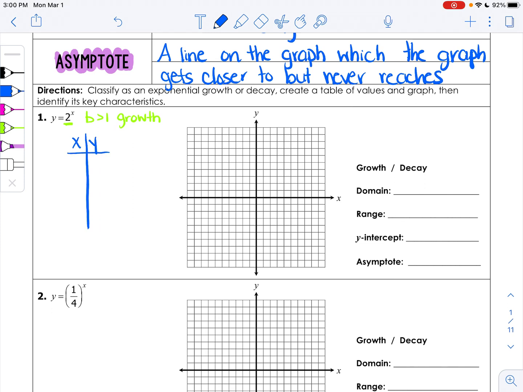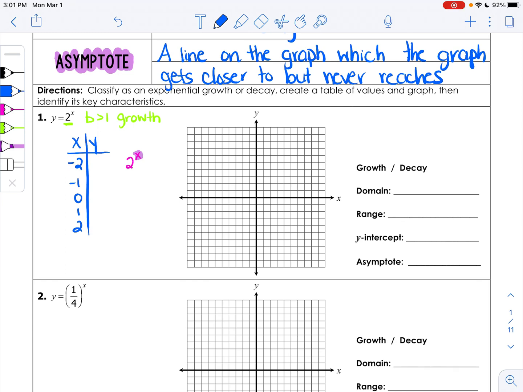What you're going to do is take our exponential function of 2 to the x power, and replace the x with an x value. A good range of x values to use would be -2, -1, 0, 1, and 2. This gives you a good idea of how that exponential function moves in both the positive and the negative, and what it looks like at 0.